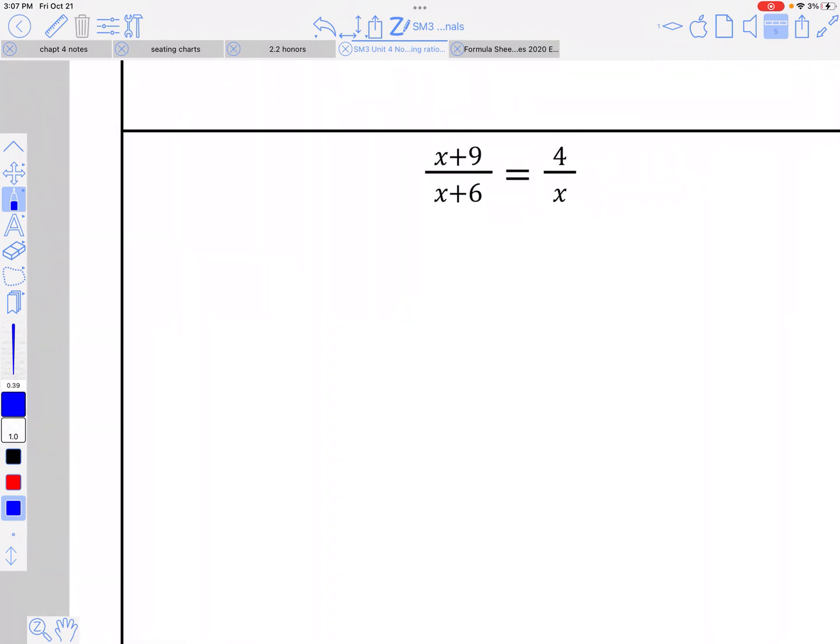So here on the left, we have x plus 9 over x plus 6 equals 4 over x. I'm going to multiply both sides by x plus 6. So that clears out my denominator. It doesn't clear it out on the right. So I'm going to have to multiply both sides by x also.